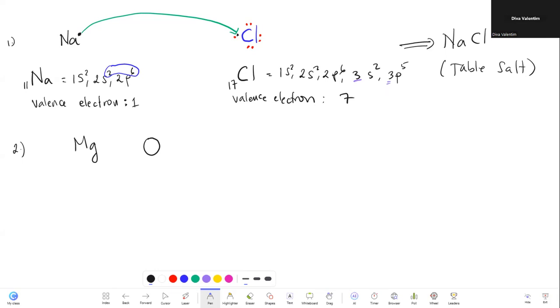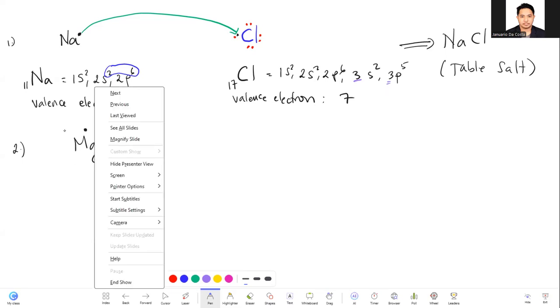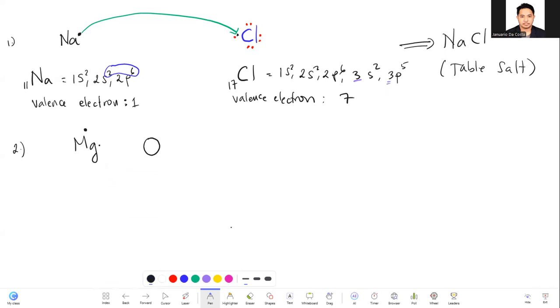Cation. So because it's a cation, you have to write the 2 in the Lewis structure, one over here, one over here. Okay, what about oxygen? Is oxygen a metal or non-metal?